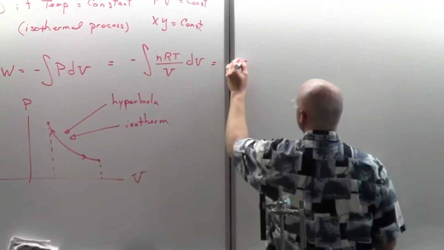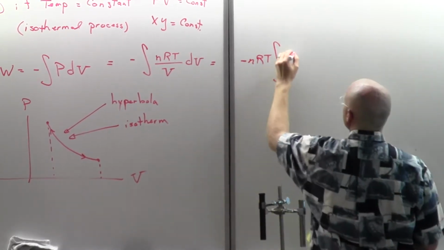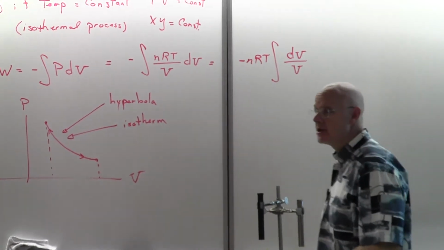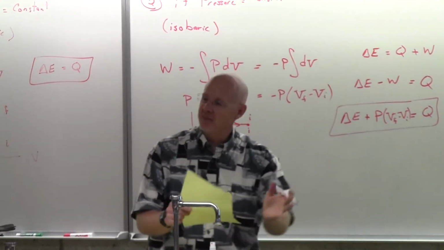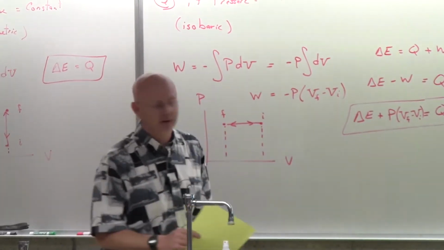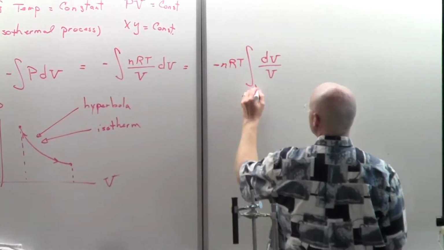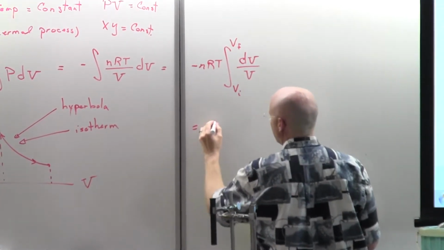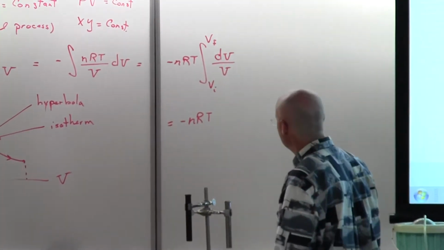And more than that, this is an isotherm, so what do we say about the temperature? It's constant, so I can pull it out in front of the integral. And now I have a reasonably simple integral to do, but I think getting there was important to see, plugging in the PV equals nRT.